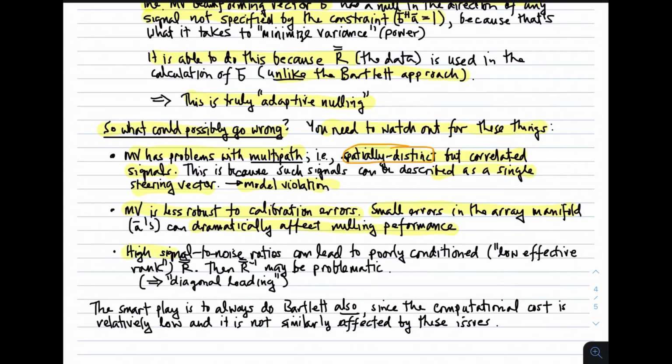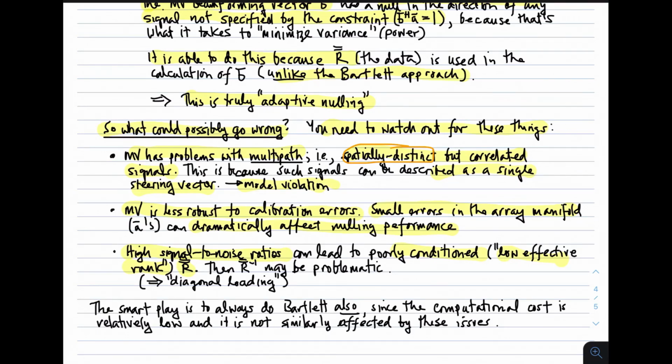Finally, high signal-to-noise ratios can lead to poorly conditioned, or we say low effective rank spatial covariance matrices. In order to invert any matrix, it has to have full rank. And if you have inadequate amount of noise, that is a signal-to-noise ratio which is too high, then inverting the matrix will be problematic because it'll be trending towards a singular condition.